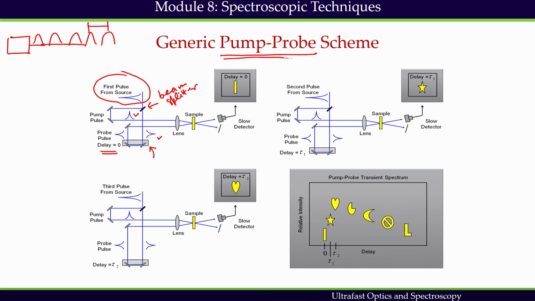The pump and probe has to be prepared from the same pulse coming out of the source, and then we split them with a beam splitter, and then we induce a delay between those two daughter pulses.